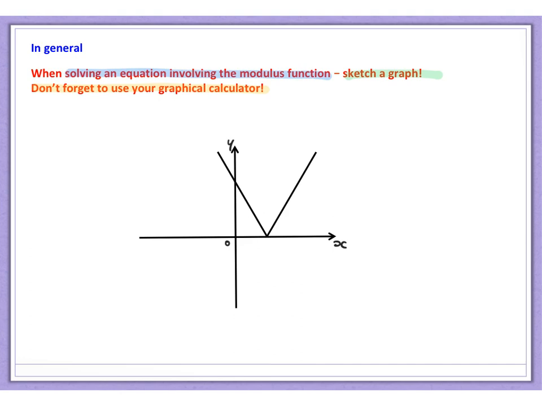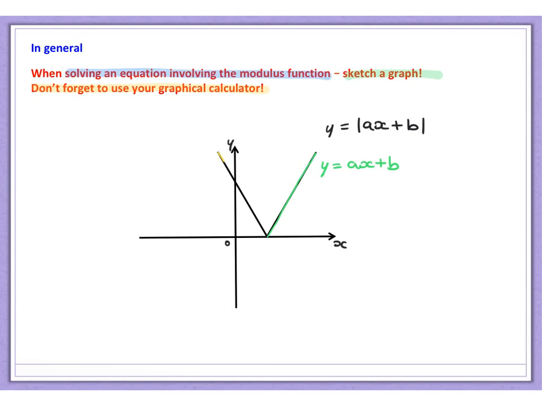One last useful thing to remember: if this black graph here is a sketch of the graph y equals mod ax plus b, then this portion of the graph here, which I've highlighted in green, is part of the equation y equals ax plus b.